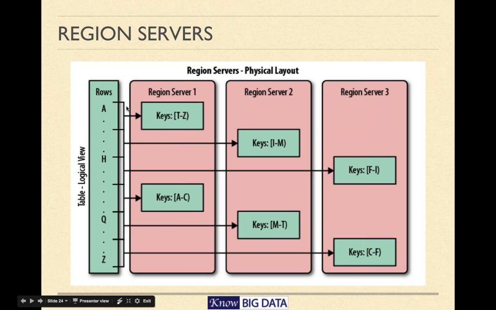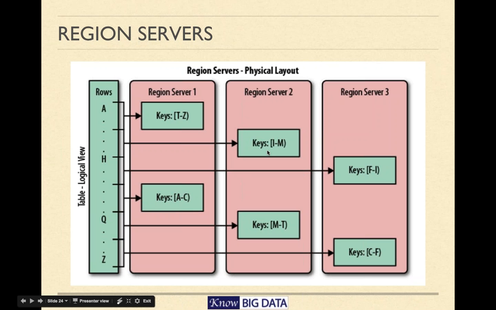Certain ranges are on individual regions, and you can see that all the keys starting with A to C exist on this one, and so on. So if a person comes and wants to insert a key which is between A and C, let's say B1, the data gets appended to this particular region.